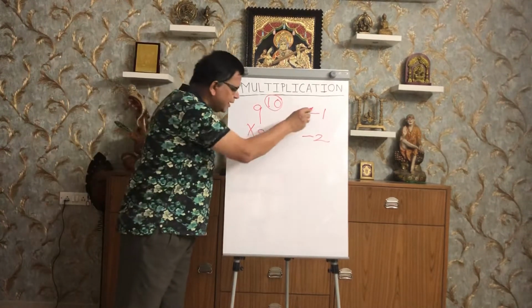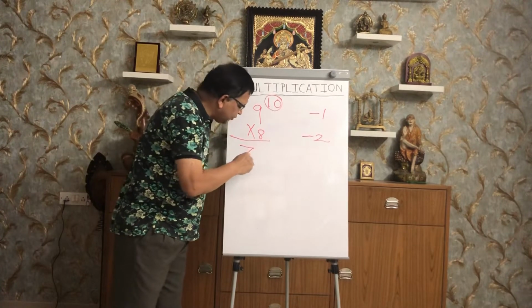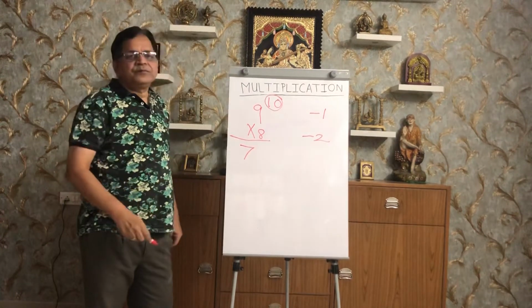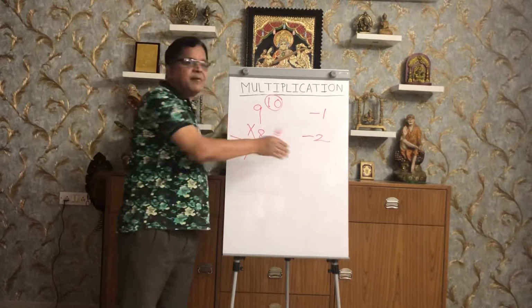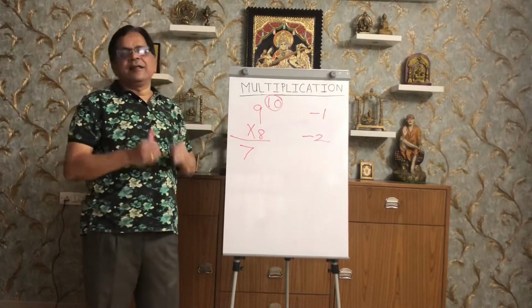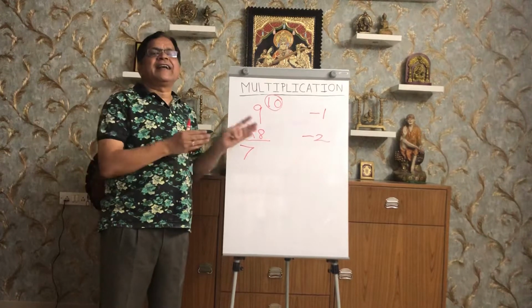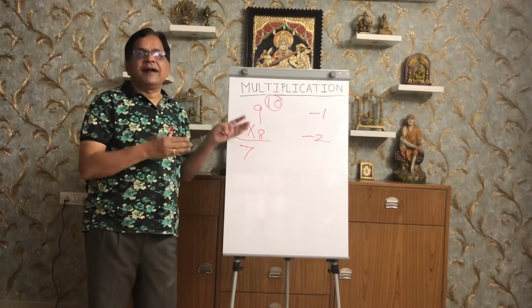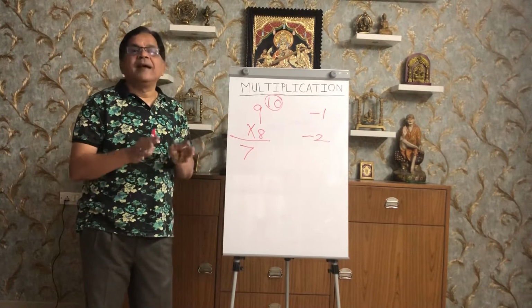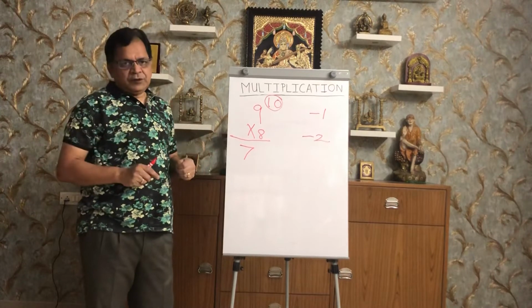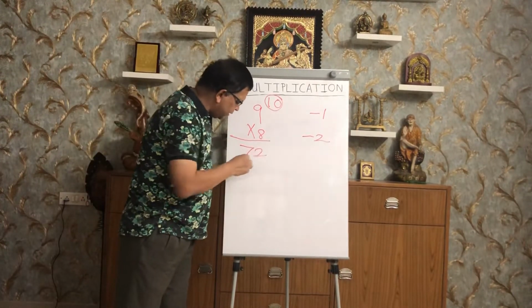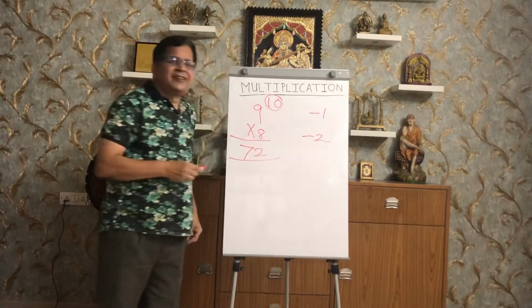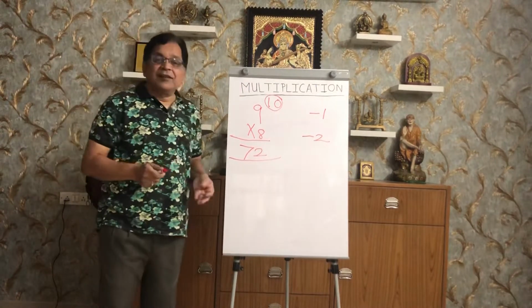The next step is I take minus 1 and minus 2 and multiply them. Now you all know that negative times negative, which is minus 1 into minus 2, makes it plus 2. Then the answer is 72. So it's that simple. 9 times 8 is 72.